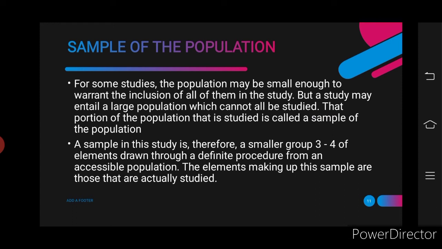The elements making up the sample are those that are actually studied. So, sample of the population is basically a strategy for large populations in your study, because you cannot accommodate all of them.